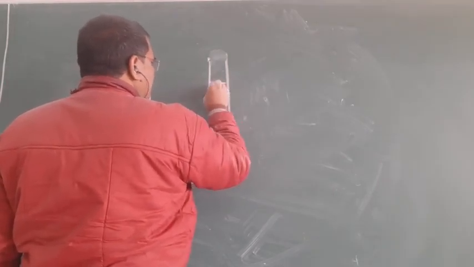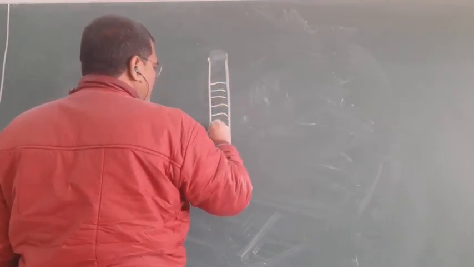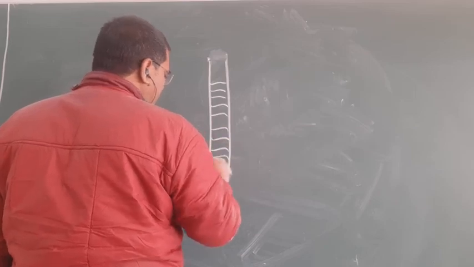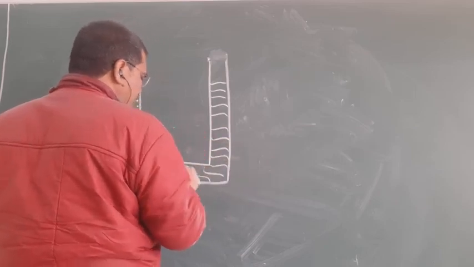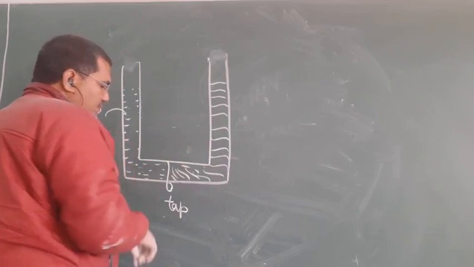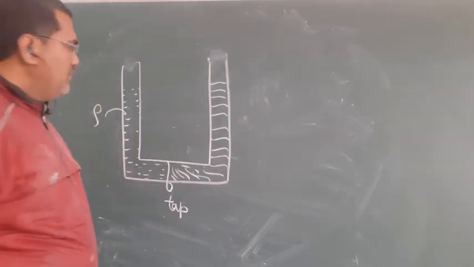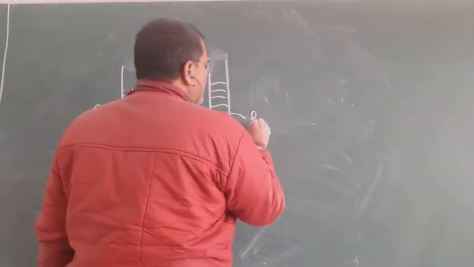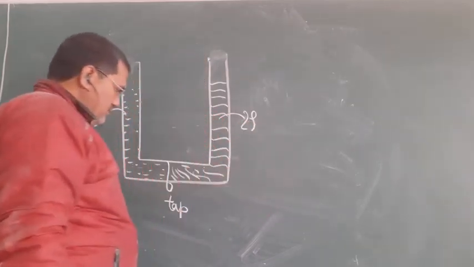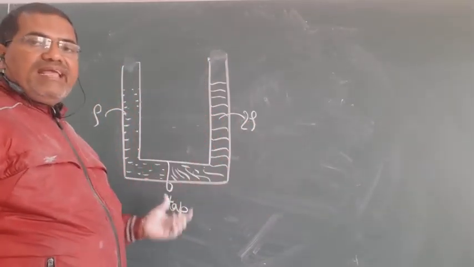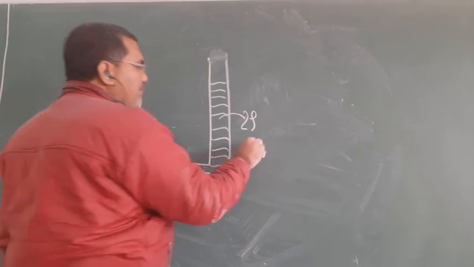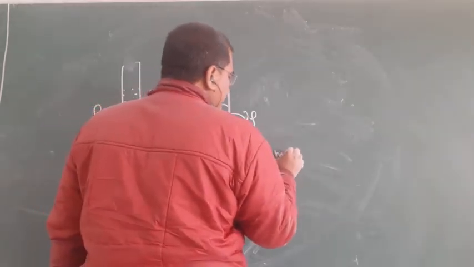Another liquid having density 2 rho is filled in the other column, and both are separated by a tap. This liquid has density 2 rho. Both liquids are immiscible.